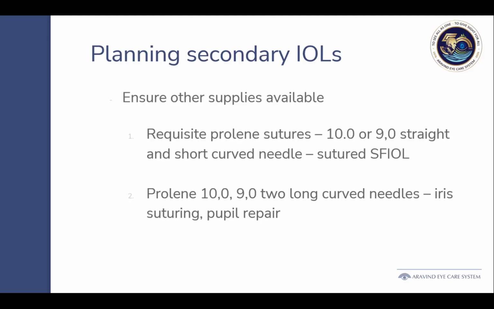Ensure that all other supplies are available, like the requisite Prolene sutures, 10O or 9O, straight and short curved needle for a suture SFIOL. Prolene 10O, 9O with 2 long curved needles for iris fixation of haptics and for pupil repair. Many times you may have to take up pupil repair, which I think will be shown by Jevint or Navneet.